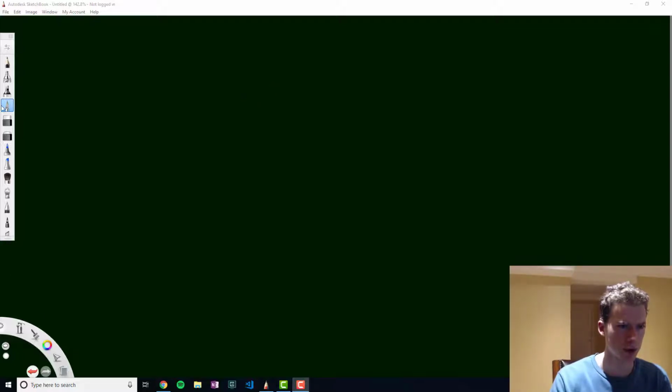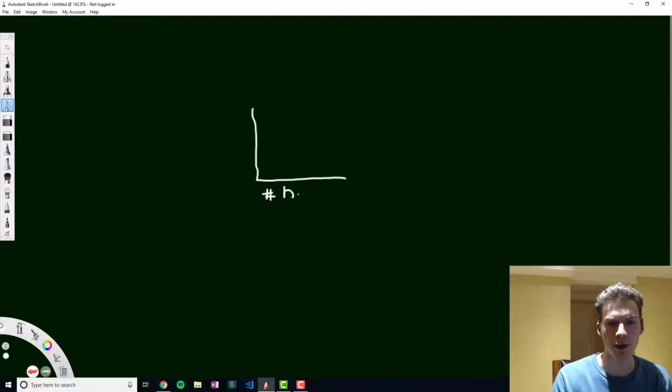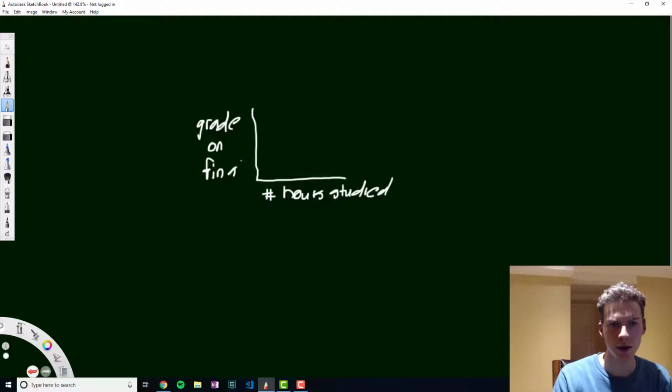Suppose that I plotted the relationship between the number of hours studied and the grade on the final exam. Now suppose the data looked something like this.